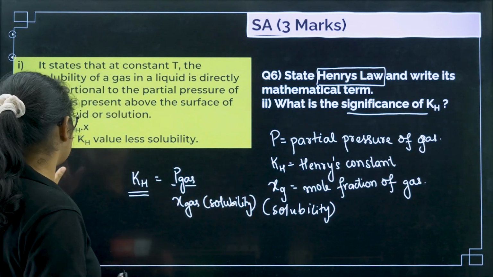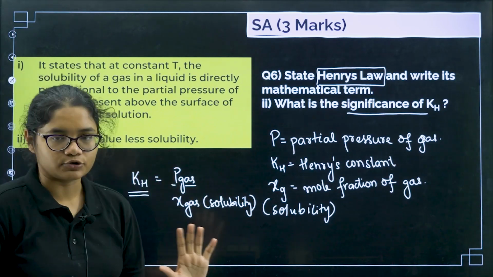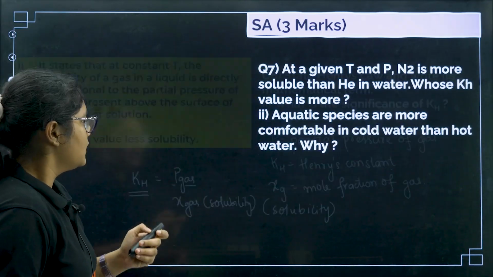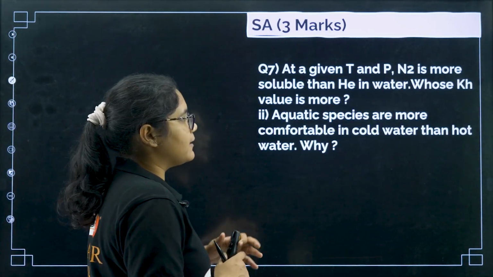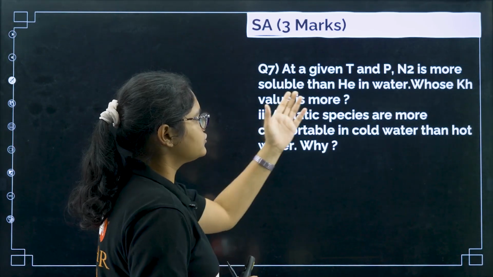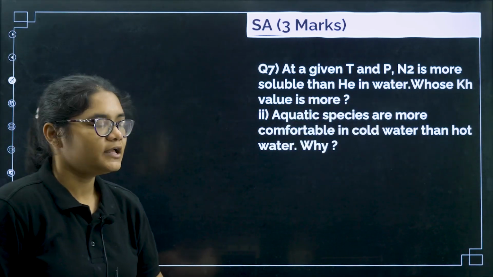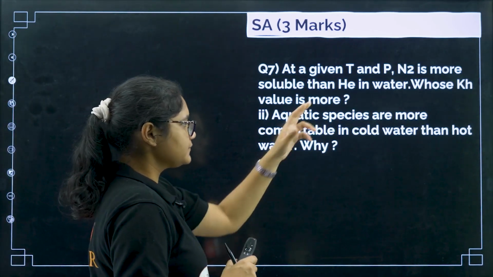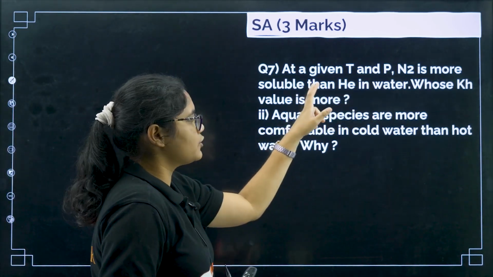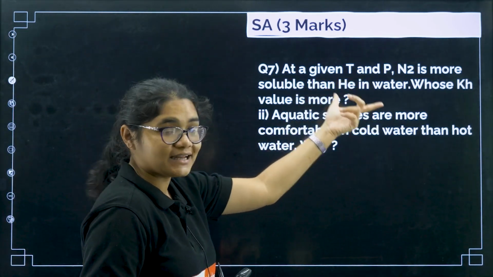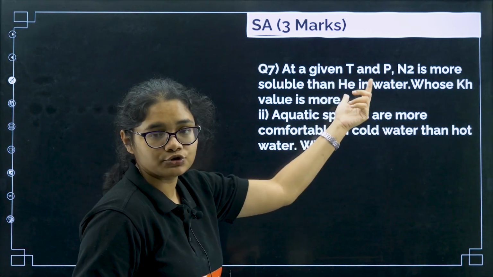Higher the Kh value, less is the solubility. Next, at a given temperature and pressure, N2 is more soluble than He in water. Whose Kh value is more? Definitely, since He is less soluble, its Kh value should be more.